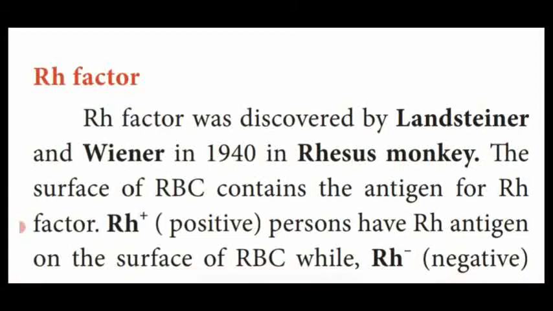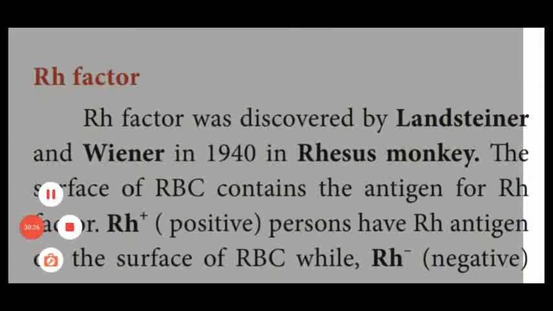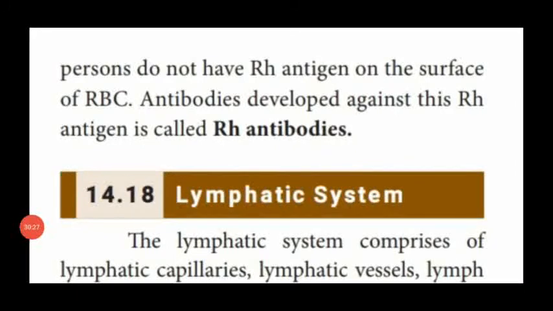If they have RH minus, that is known as negative. Dear students, RH positive persons have RH antigen on the surface of the RBC, while RH negative persons do not have RH antigen on the surface of the RBC.